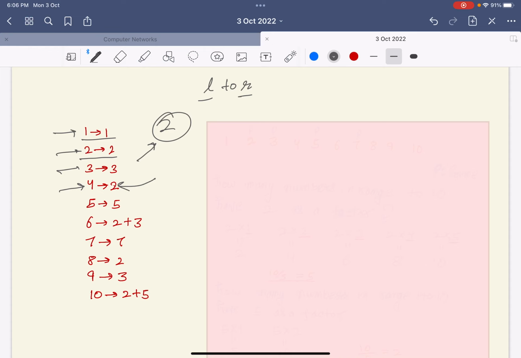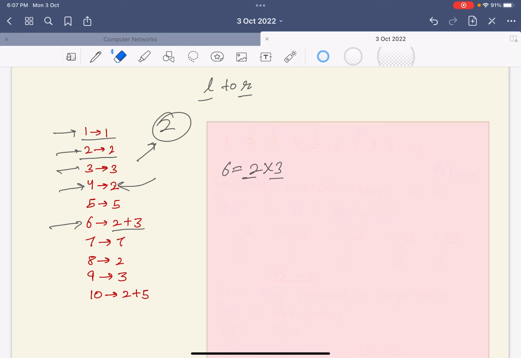instead of 4. Since 6 is a multiple of 2 and 3, here we can see two prime numbers, 2 and 3, so 6 is represented as the sum 2 plus 3.